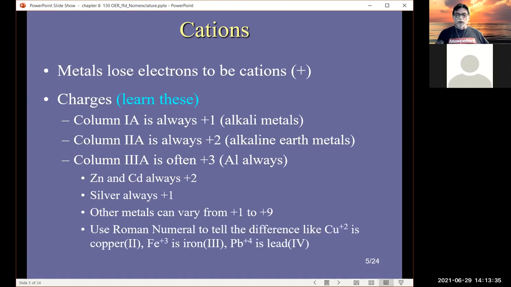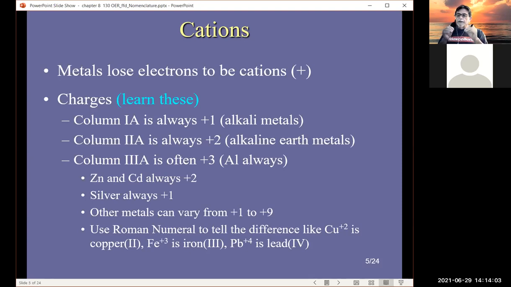So how do we distinguish those that we don't know 100% of the time? We use Roman numerals. But here's the key to remember: it's Roman numerals with parentheses. So copper +2 is written copper, then parentheses, Roman numeral II, and parentheses.